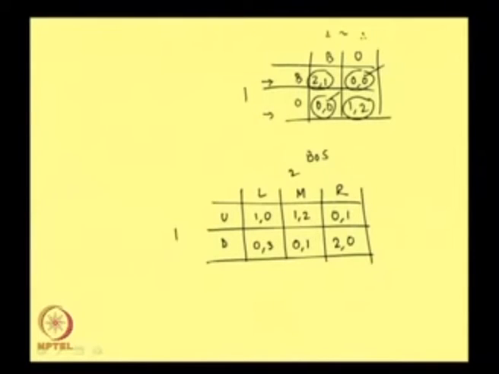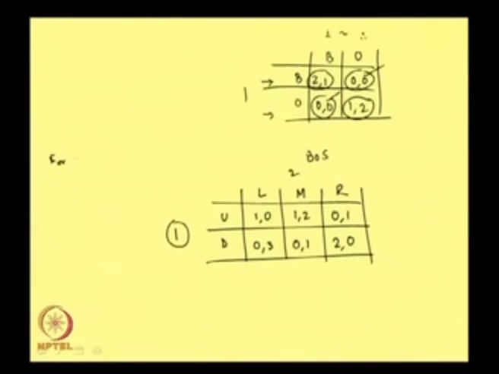So, this is the game. Here for player 1, he does not have any action which is strictly dominated, because if L is played, U is better, but if R is played, D is better. So, no action is strictly dominated by any other action, and he cannot delete any of his actions. But if he looks at player 2's actions, then obviously there is one action which is strictly dominated.